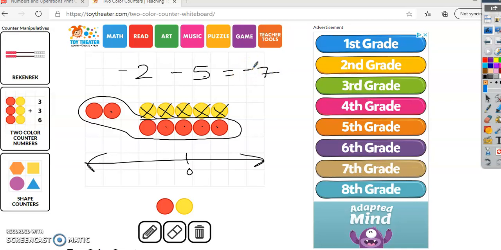So let's do this on the number line. Negative 2. So that's where I start. I start to the left. And now my final answer is at negative 7. So negative 3, negative 4, negative 5, negative 6, negative 7. So I'm going to take away 5.